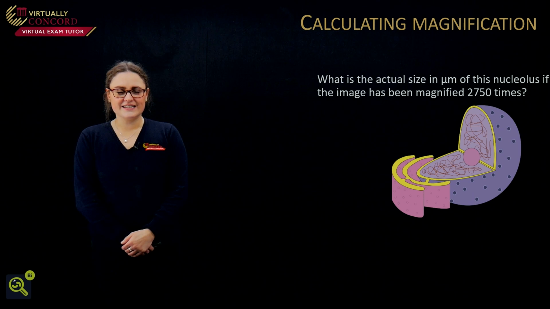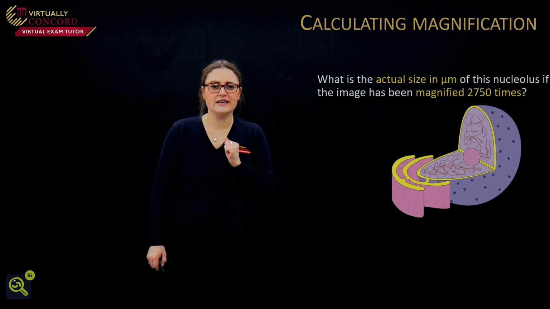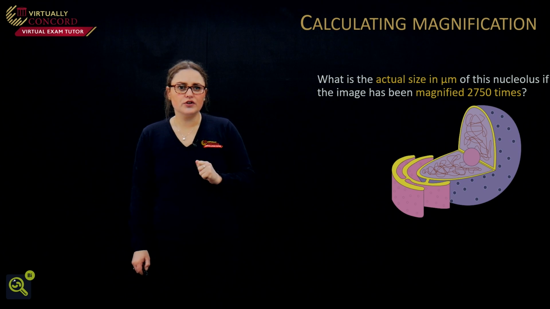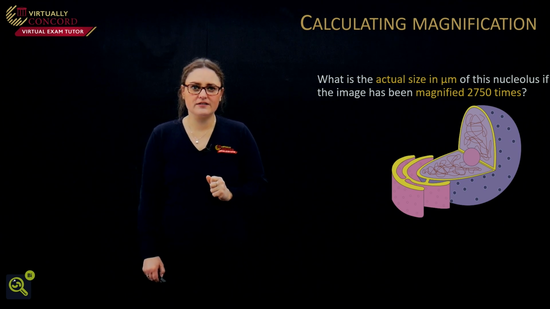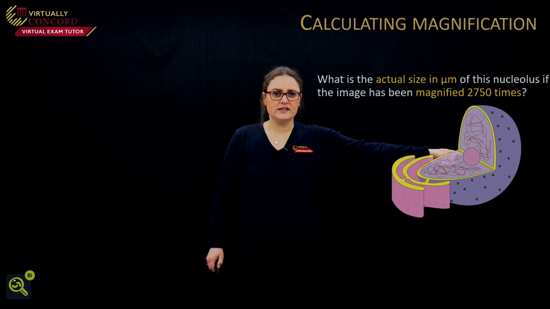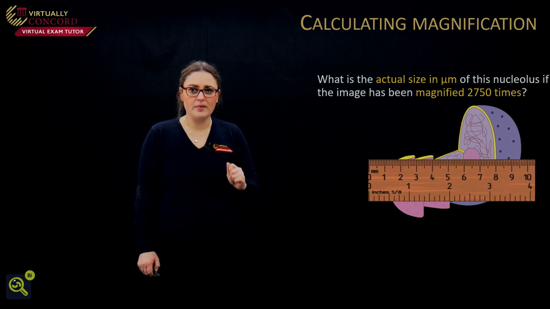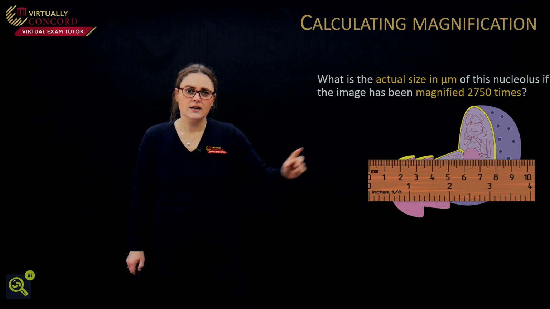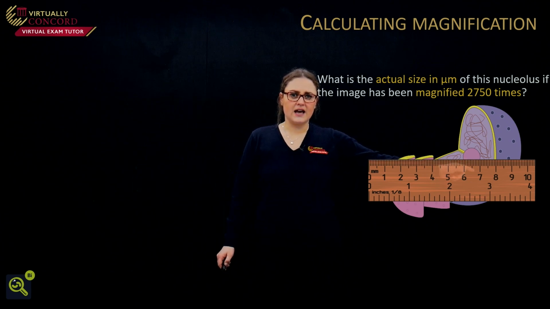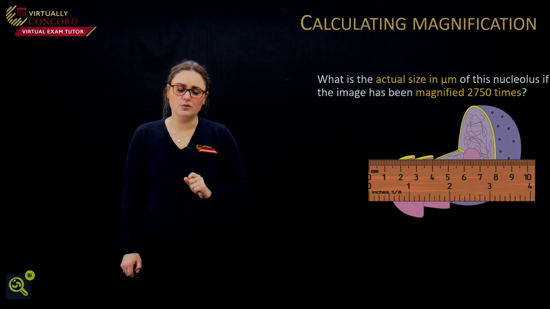Let's have a look at another example. In this question, we want to know what the actual size in micrometers is of the nucleolus if the image has been magnified 2,750 times. The nucleolus is the pink section in the middle of your nucleus. Let's put a ruler up against it, as that's what we will need. Between 6 and 7, that gives us 10 millimeters to work with.